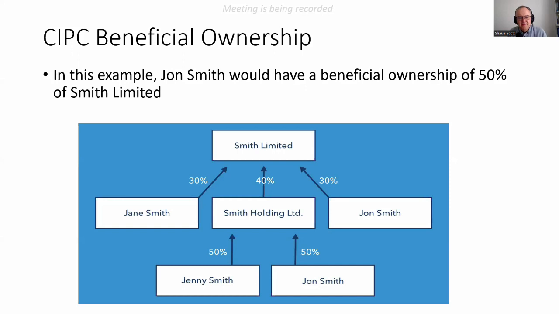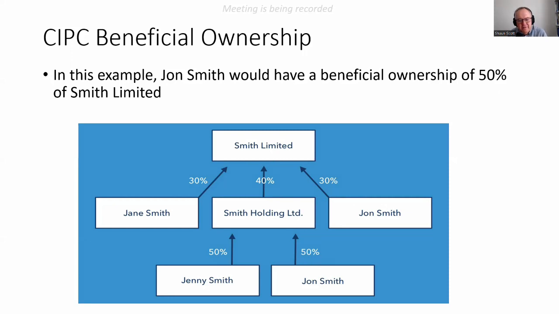So the beneficial ownership of John Smith in this example is that he doesn't just own 30%, he actually has ownership of 50%, because he owns 50% of that 40%, which is 20%. So that 20% plus the 30% is what John Smith in this example actually owns.